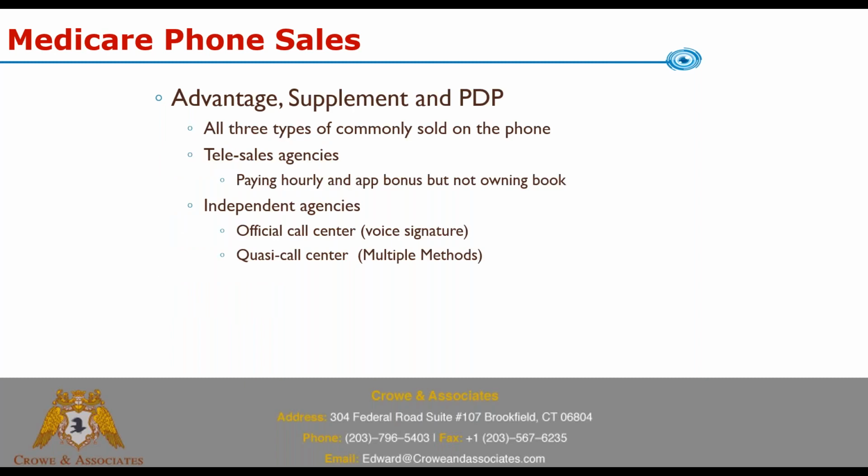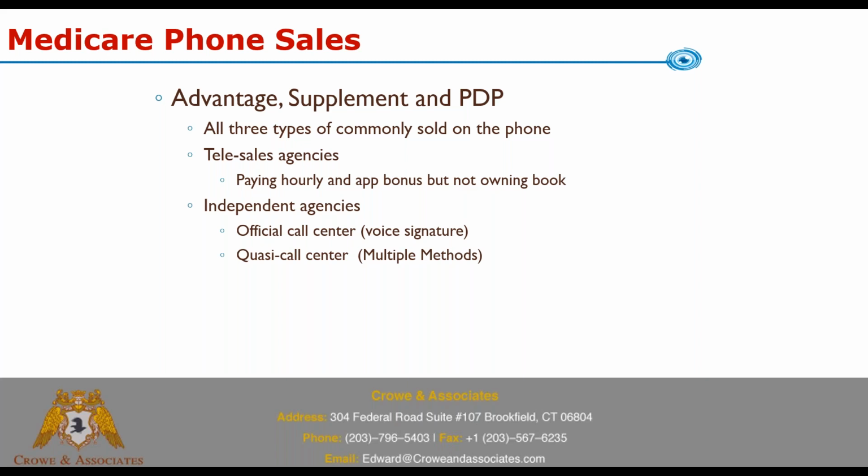Okay, so for product type, this one's pretty easy. For phone sales with Medicare, you get people that sell all of them. They sell all three types, Advantage, Supplement, and PDP. They're commonly sold on the phone, all three of them. There's not a ton of agents, but we have some agents and agencies that do actually sell all three.